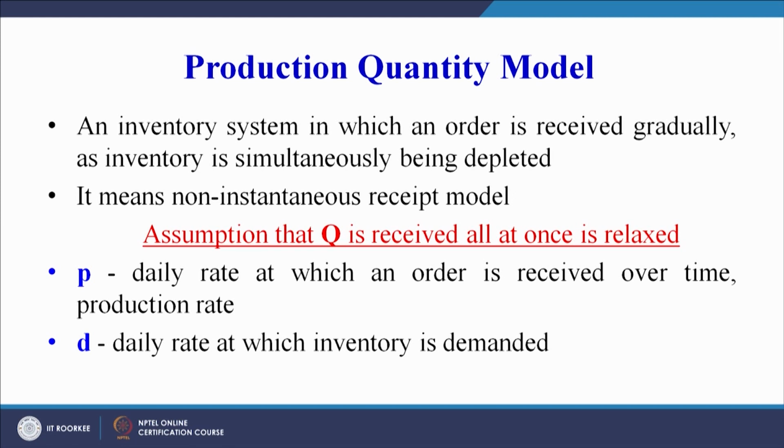If you remember the economic order quantity model that we discussed in session 3 during this week, there is the order quantity on the y axis, and on the x axis we have time.